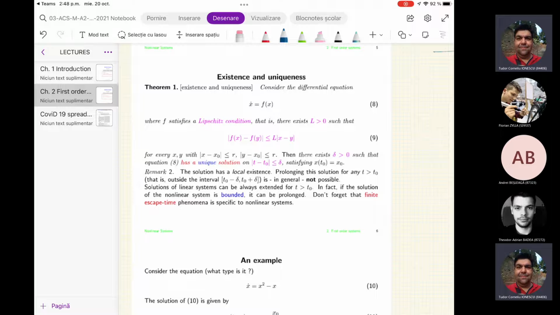Consider the differential equation x dot is f(x). This is given by some result from mathematics, which of course we are not going to prove, or probably we don't even know how to prove this, but we just take the result as it is.